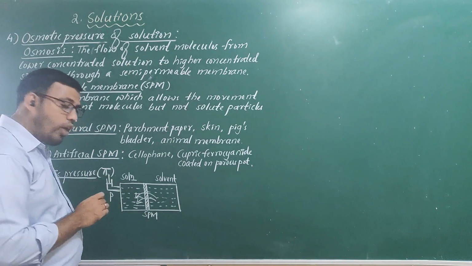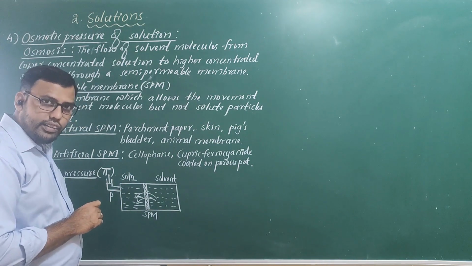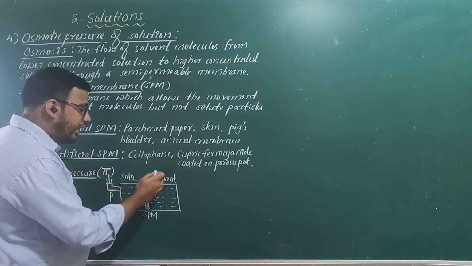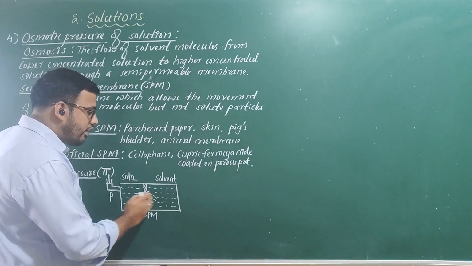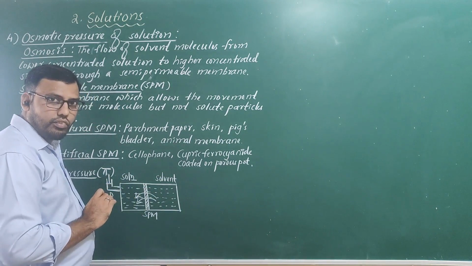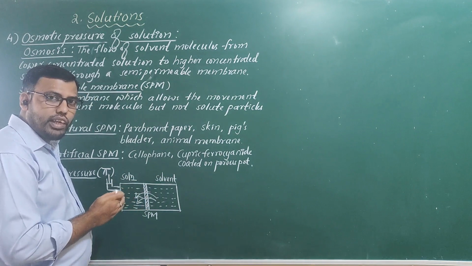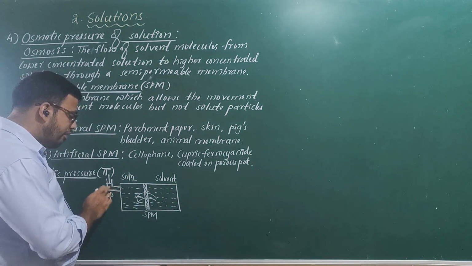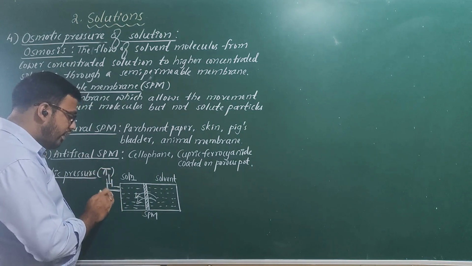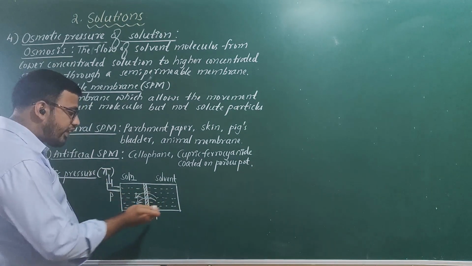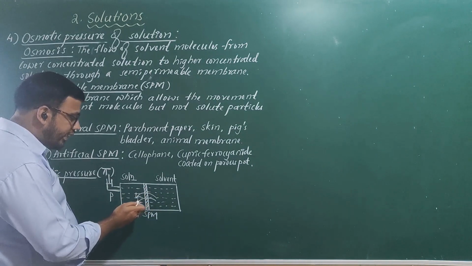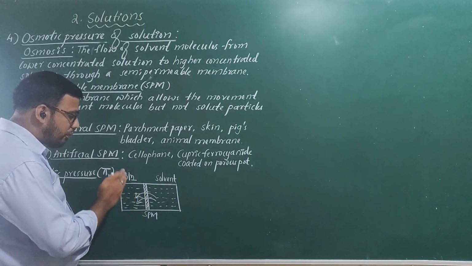So osmosis goes on taking place until the external pressure applied and the vapor pressure of the solvent become equal. After equilibrium, this external pressure stops the flow of solvent molecules into the solution.